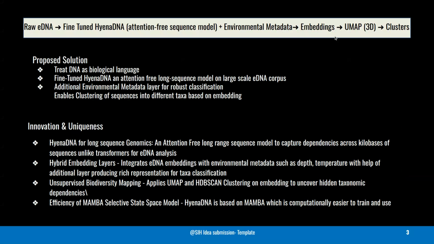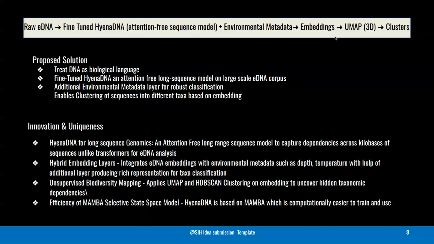Unlike a transformer, HyenaDNA has the capability to process long genomic sequences, and it is computationally inexpensive to train. The transformer architecture runs on O(L squared) time complexity, but this model will run on O(L log L) complexity.